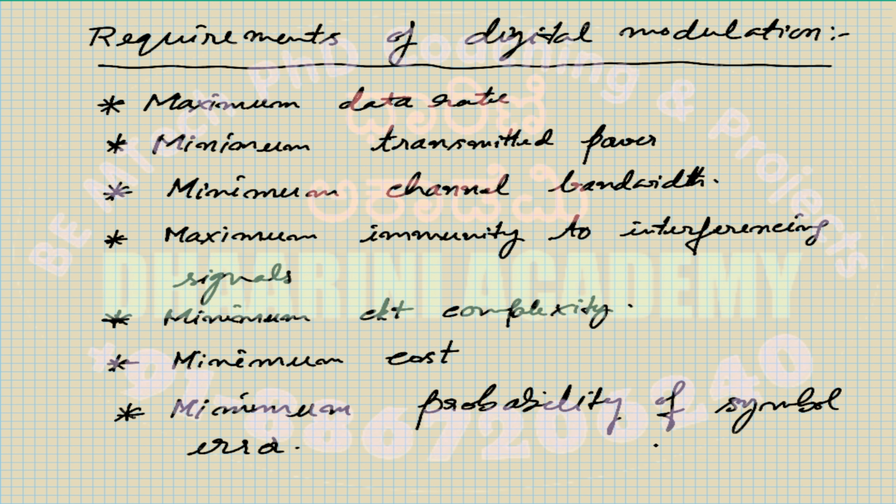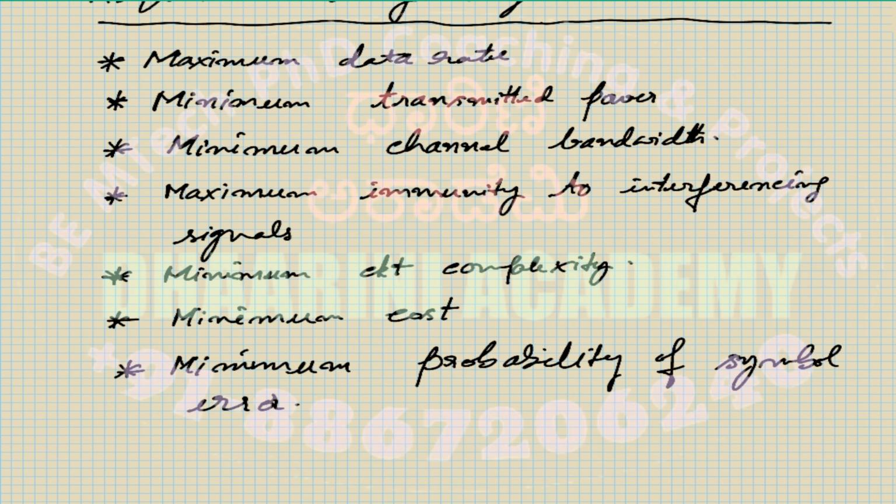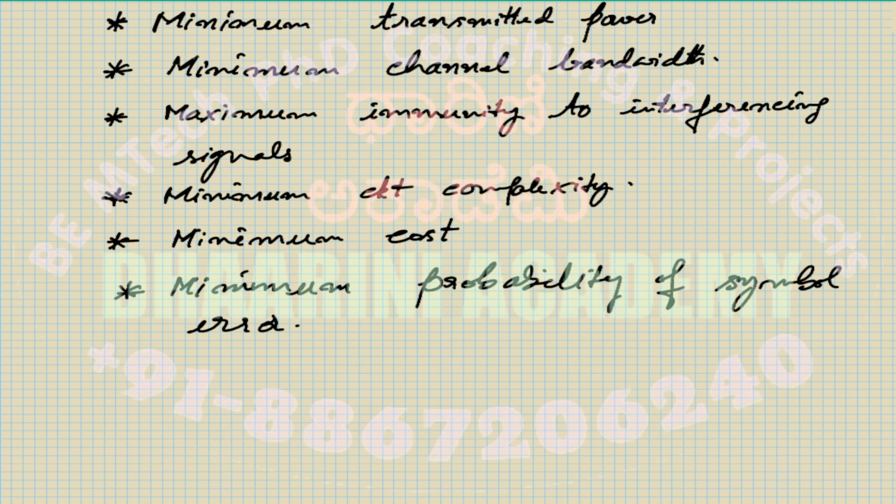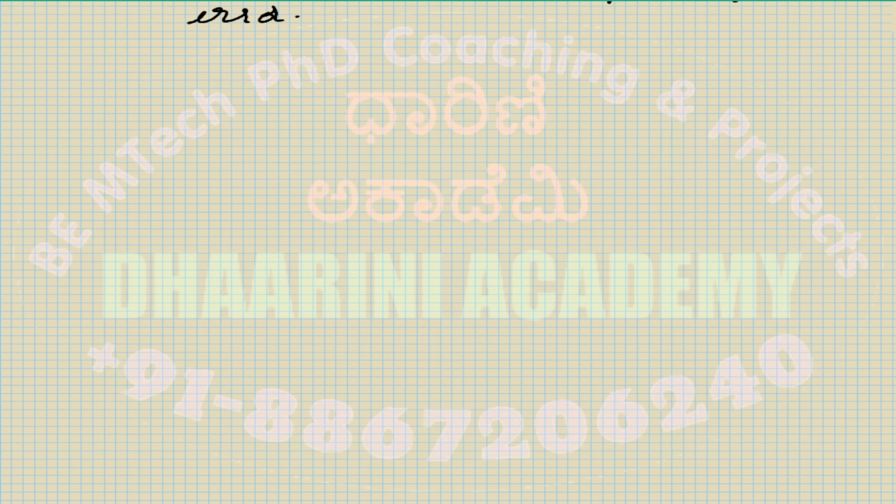Now we will go directly to the review of certain modulation techniques. Again, we are restricting to the binary. And if you remember, there are two types of communication possible in terms of modulation, right? So again, we are writing the digital itself.